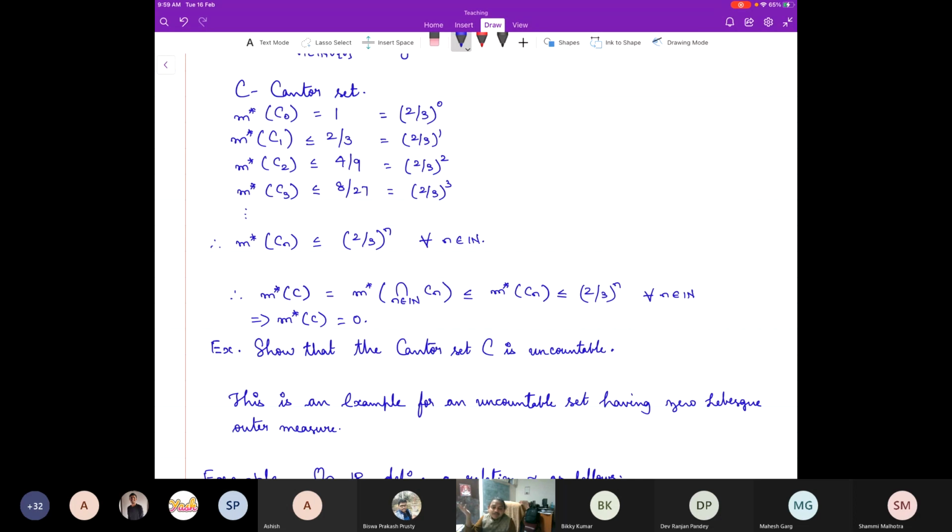Which means the M star of the set of rational numbers is 0. Clear? What about the set of irrationals? That we will see. We haven't said anything as of now. So we will see something more. Fine?